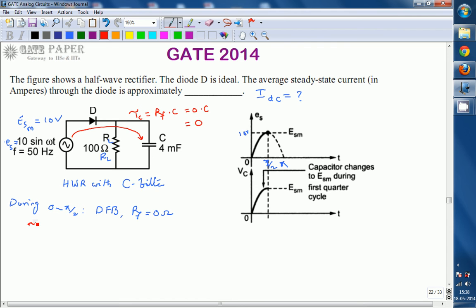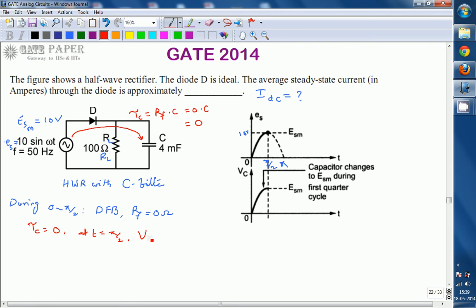So the charging time constant is 0, and within no time the capacitor charges to the final value. Whatever value you apply during this quarter cycle, the capacitor takes that value instantly. So at t equal to pi by 2, at the end of the quarter cycle, the maximum value of the input signal, ESM, 10 volts, is available.